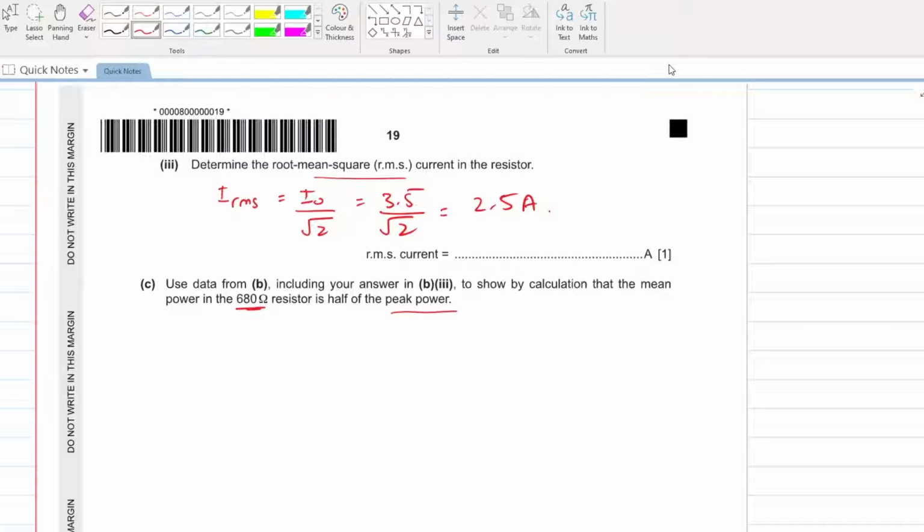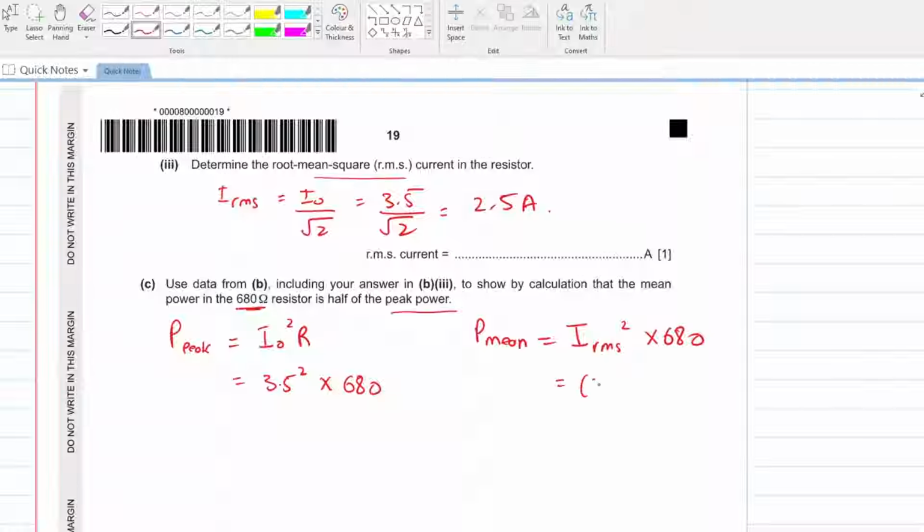Now we have to show that half of the peak power is your mean power. First of all, let's calculate the peak power. The peak power is the peak current squared into resistance. The peak current is 3.5, squared. The resistance is 680. For the mean power, you take the current RMS squared multiplied by the resistance: 2.5 squared into 680.